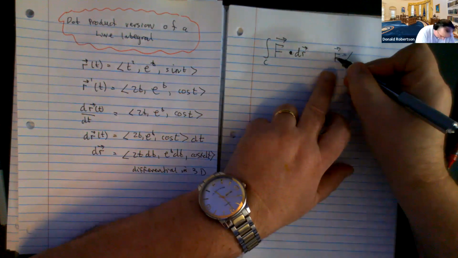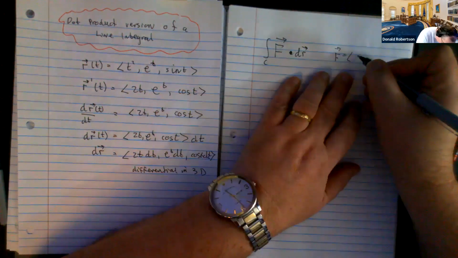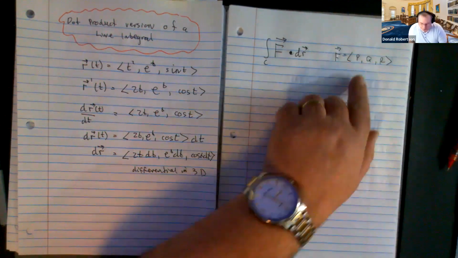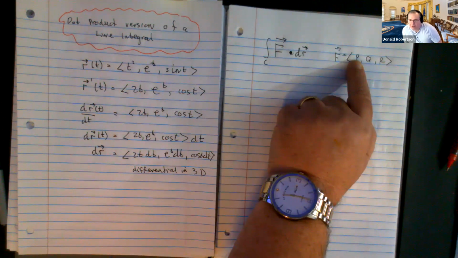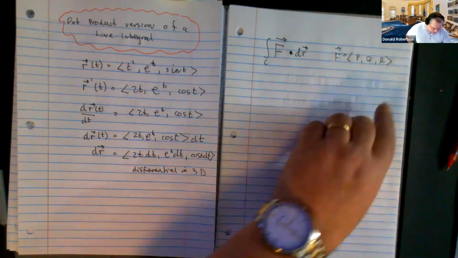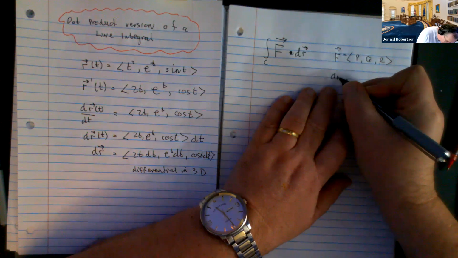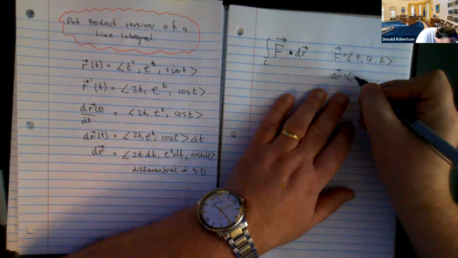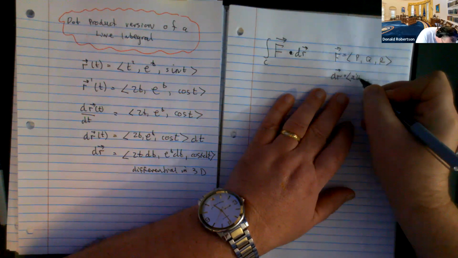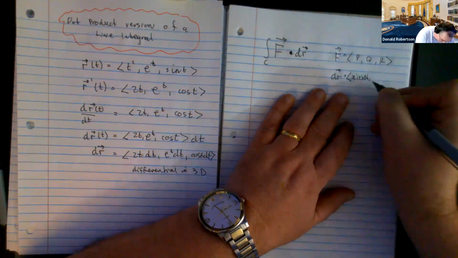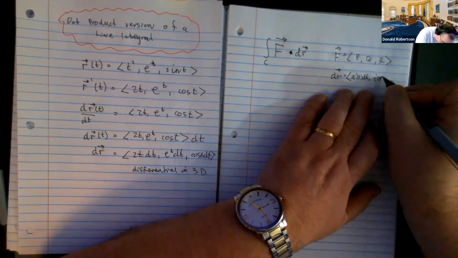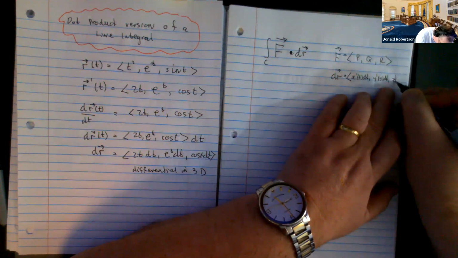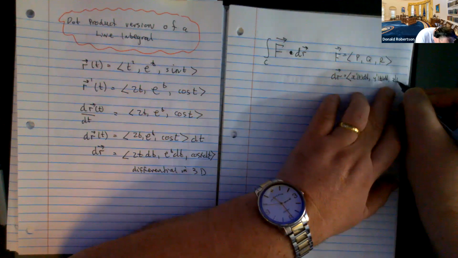So your force field, I'm just going to call him P, Q, and R. So P would be some function of x, y, and z, so will Q and R be. Our dr is basically going to be the derivative of x dt, the derivative of y dt, and the derivative of z dt.